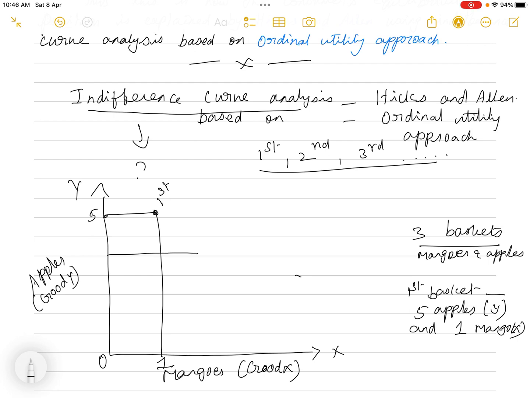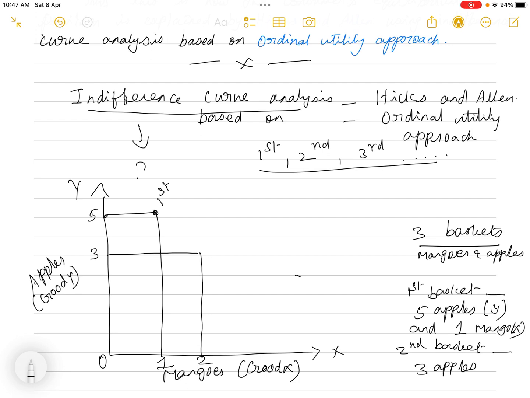Now the consumer wants to consume one more mango. Since his money income is limited, he has to sacrifice certain units of commodity Y. How much is he willing to sacrifice to get one more unit of mango? Initially, he is willing to sacrifice 2 units of apples.